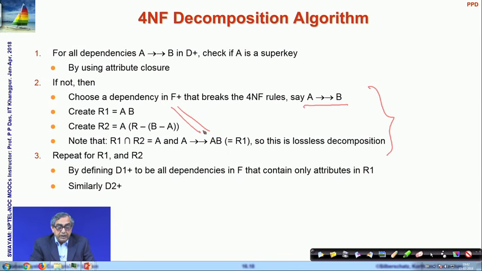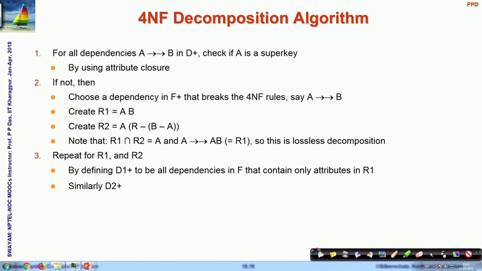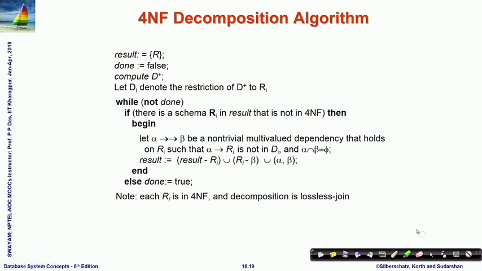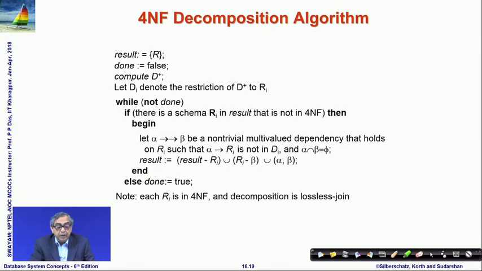So, this also continues to be lossless join with every decomposition, and then you keep on repeating till all dependencies in F have been dealt with and the attributes in R1 have been converted into the 4NF form. So, you have a total 4NF decomposition happening. Like before, here is the formal algorithm for those who would be interested to formally study the steps.